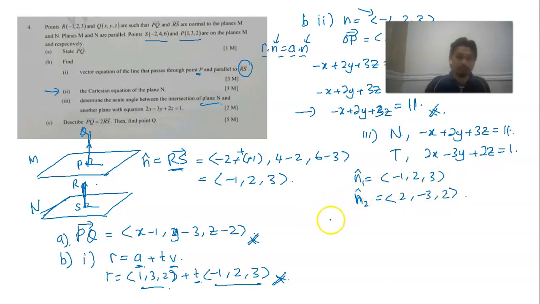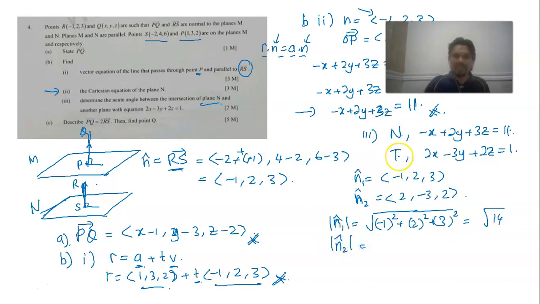So now the modulus of n1, the normal: -1 squared plus 2 squared plus 3 squared, and this will give you the square root of 14. And the modulus of normal 2, the normal for plane T: 2 squared plus -3 squared plus 2 squared, which is the square root of 70.